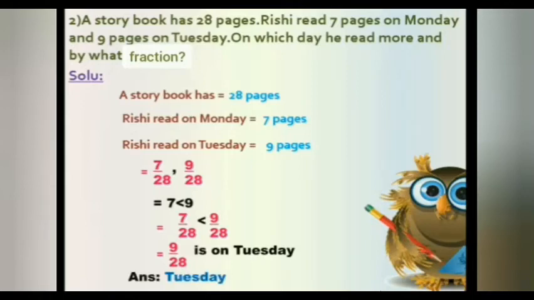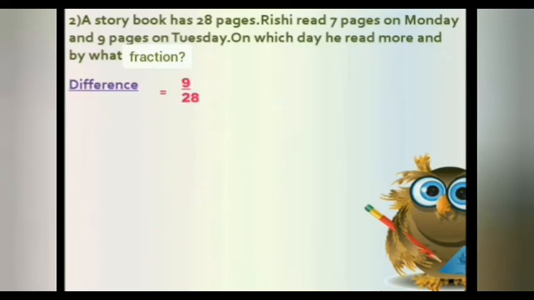Answer is Tuesday. The question is, on which day he read more and by what fraction? We found the answer for which day. Now we have to find the answer for how much more he read on that day by what fraction. For that, we have to find the difference. See here children, 9 by 28 minus 7 by 28. The denominators are same.